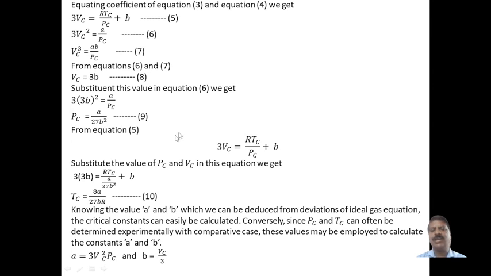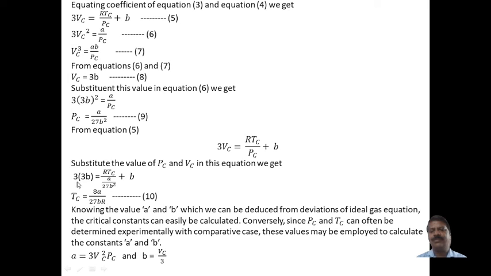That is equation number 9. From equation 5, that is 3Vc equal to RTc divided by Pc plus B. Then substitute the value of Pc from 9 and Vc from 8 in equation 5.